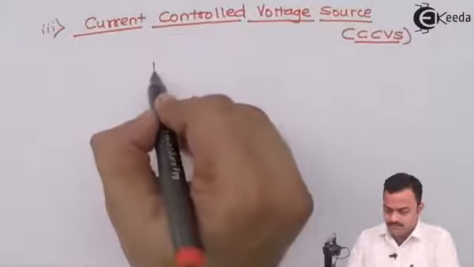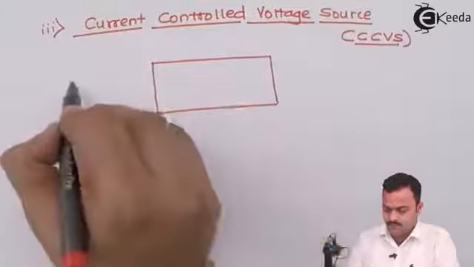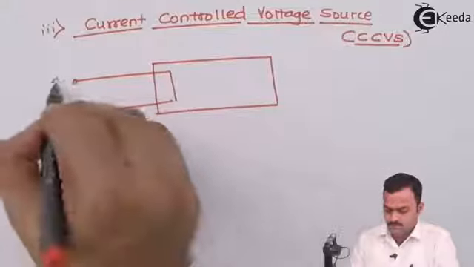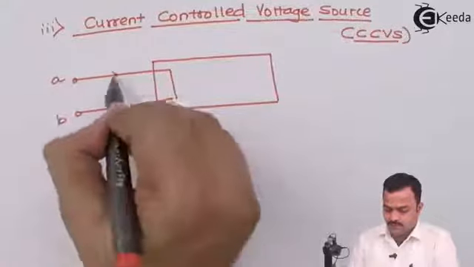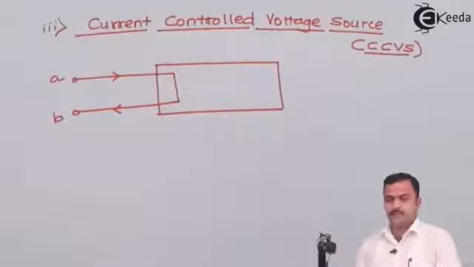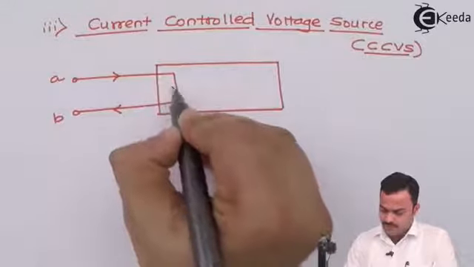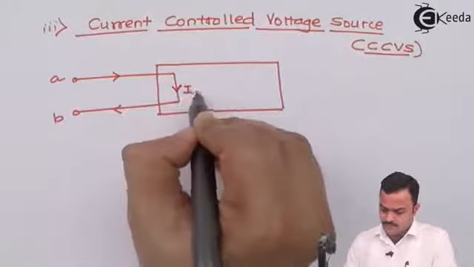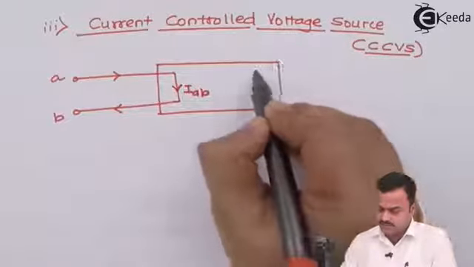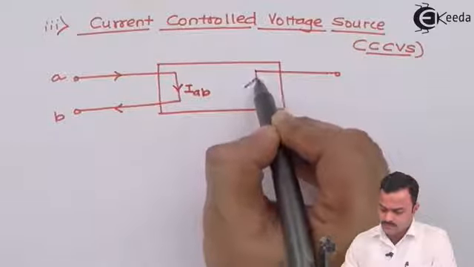This time in the network, we will have an input current which is flowing from A to B. So the input current over here is IAB, which will control the voltage at the output side in order to get a voltage source of this nature.